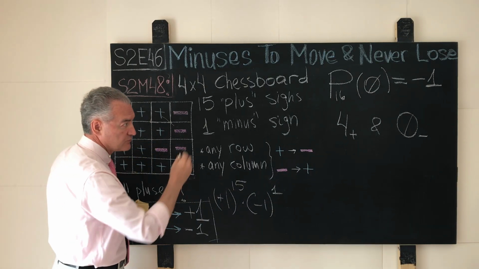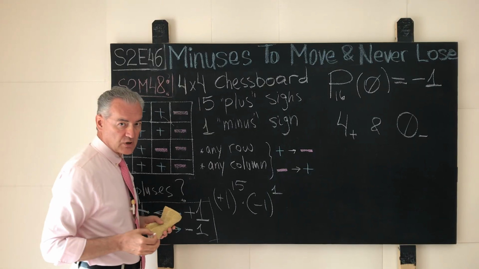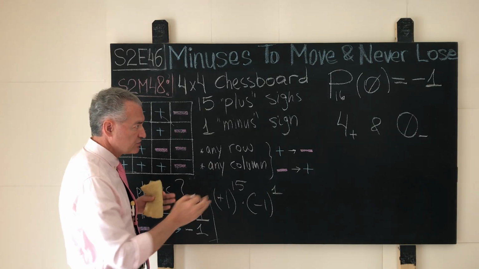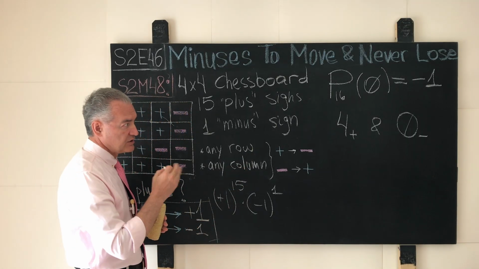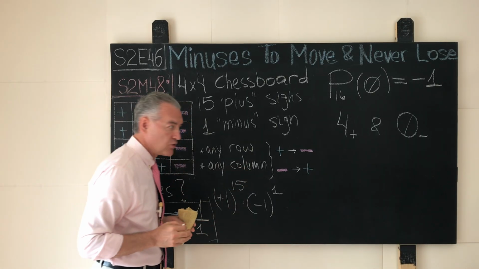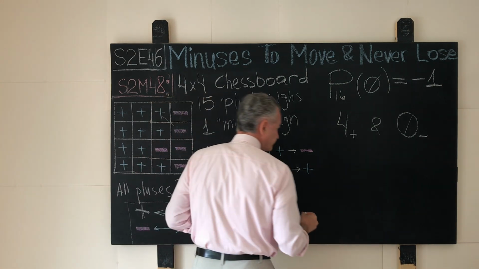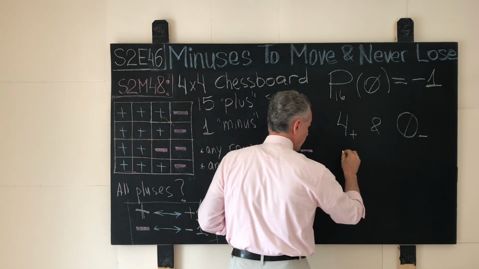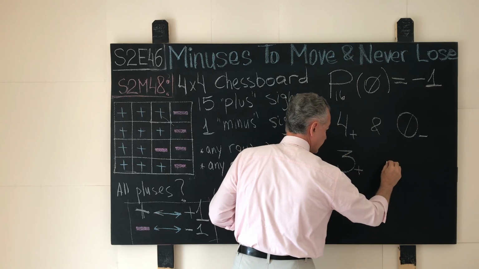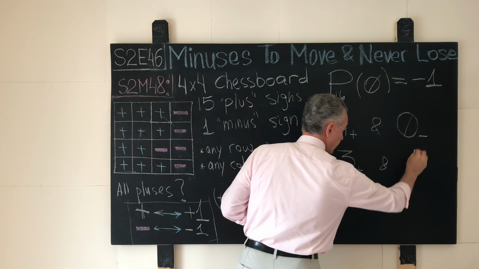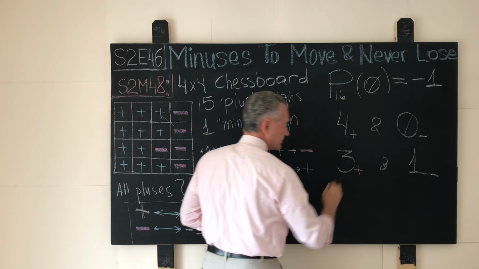And then what we have to do now is one of the favorite Eulerian tasks: finding in how many ways the number 4 can be represented as a sum of 2 positive integers. We can also have the case when we have 3 plus signs and 1 minus sign, that's the second case.